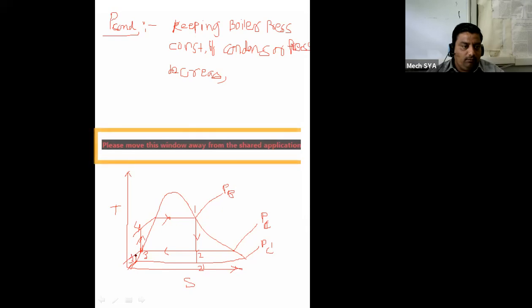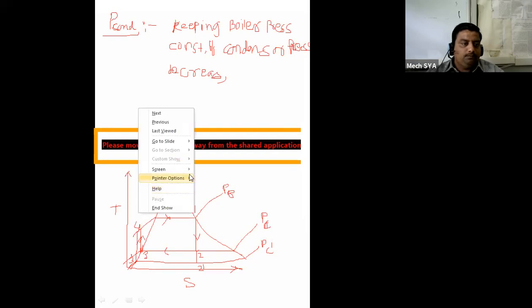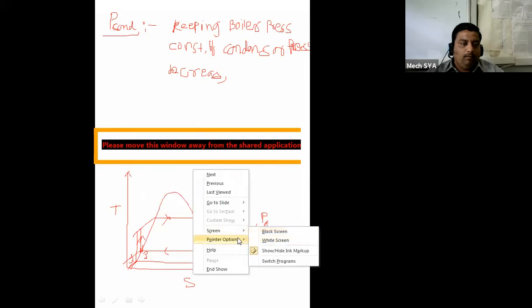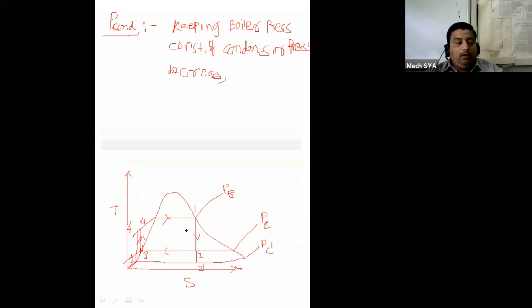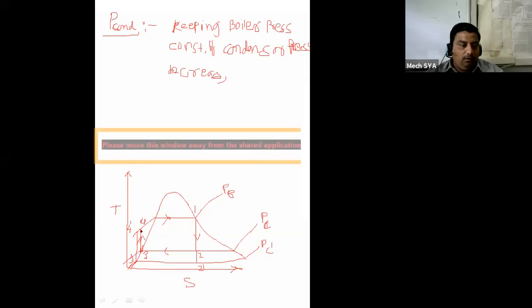From this vertical line, where it intersects the boiler pressure line, it will be 4 dash. And here it will be point number 4.